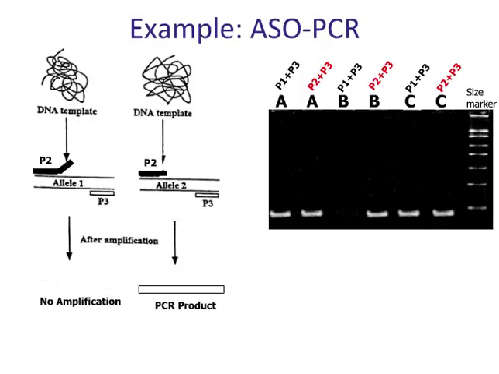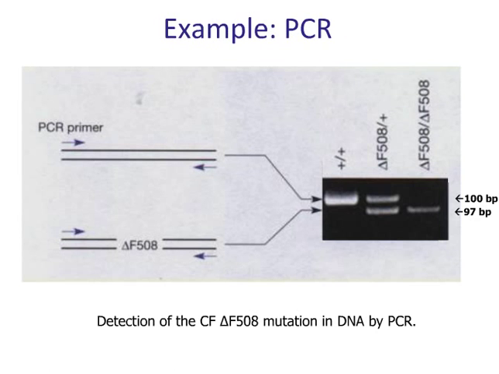In this example, individuals A and C are heterozygous, producing PCR products from both sets of primers, while DNA isolated from individual B only produced a product with the P2-P3 PCR reaction setup. Therefore, this individual must be homozygous for allele 2.